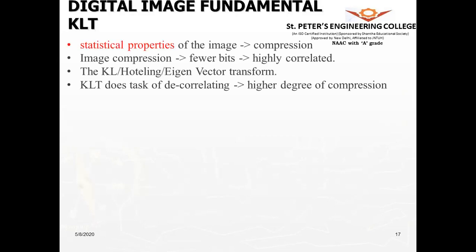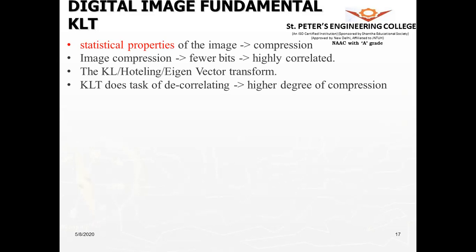Next, we will go for the KL transform. If you observe the statistical properties of the image, we can achieve compression. That means the mean and median will be useful for compressing the data. We can analyze the data and perform compression.